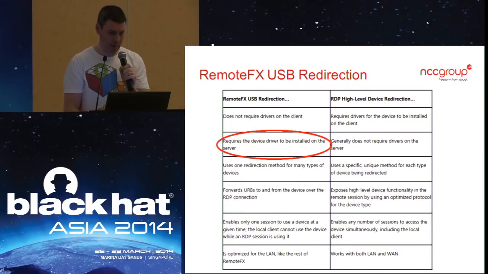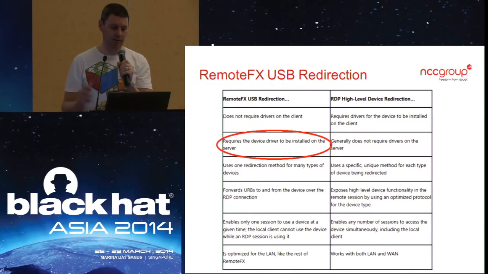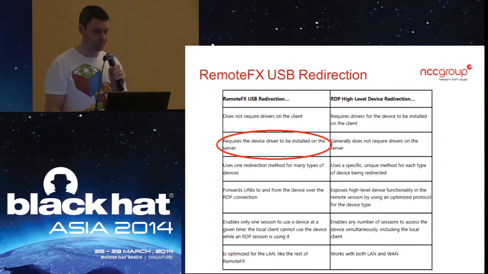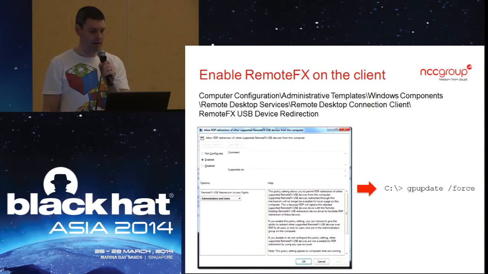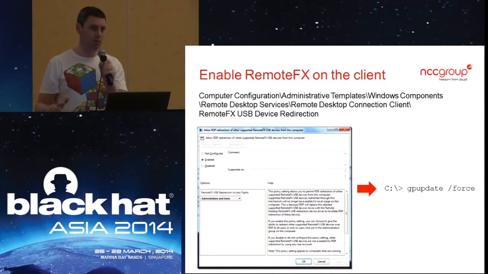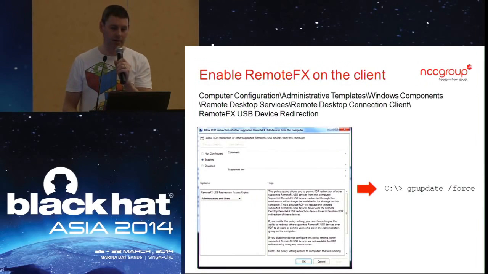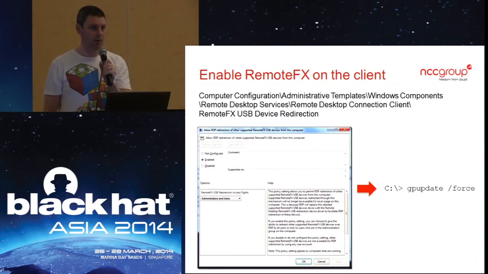So as you can see, there's a whole bunch of different differences between USB high-level redirection and the RemoteFX stuff. Now, in order to use it, if you install RDP on Windows Server 2012, the RemoteFX stuff is just there. But from a client perspective, you need to do a bit of tweaking with your RDP client in order to leverage this functionality.